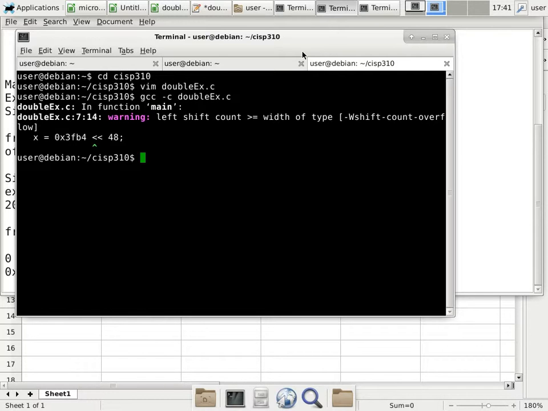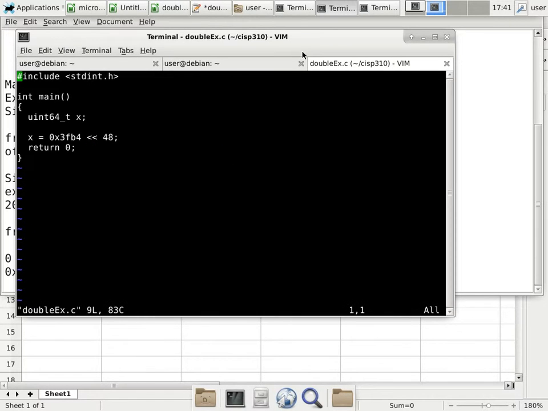That doesn't make any sense. It is clearly a 64-bit number, and I'm only shifting 48 bits. How can it be out of width? Well, as it turns out, every integer is by default an int. Okay? An int in a 32-bit architecture is 32-bit wide. So that means, if I go back to the source code, I will show you.